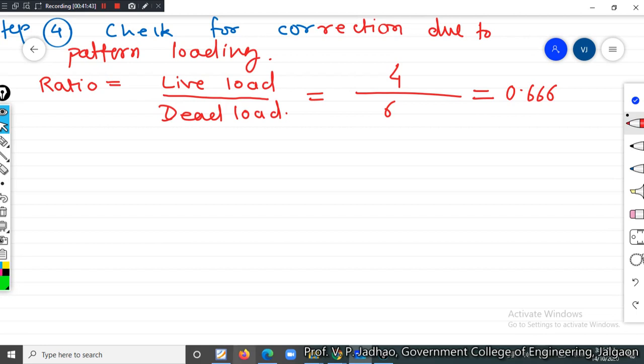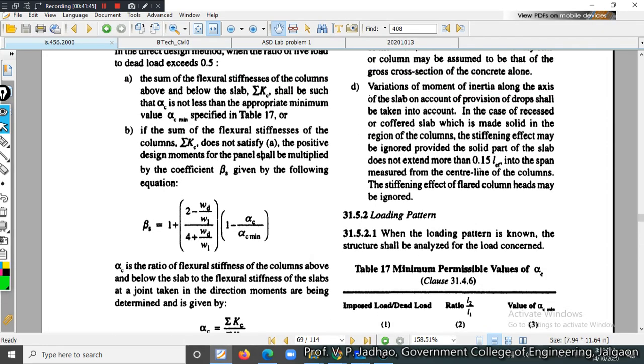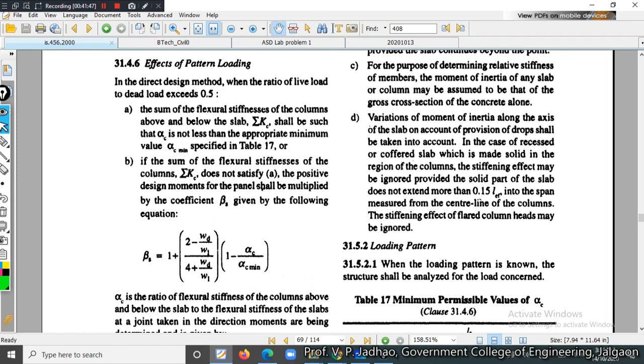Now what IS 456:2000, clause number 31.4.6, says is that in the direct design method, when the ratio of live load to dead load is more than 0.5, then we have to go for correction for pattern loading.